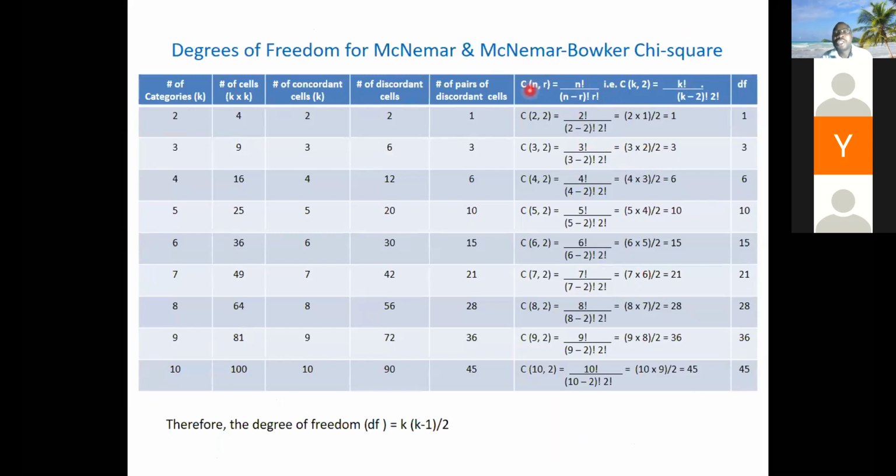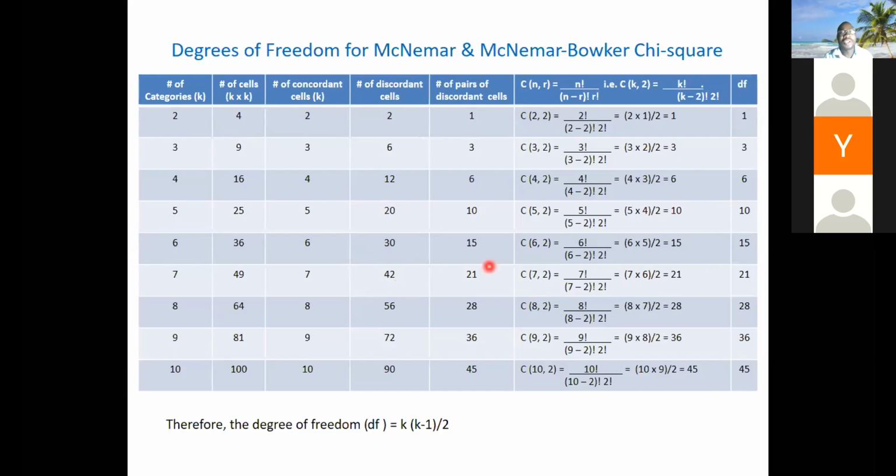The combination, n combination r, means that with n number of items, how many ways can you arrange them, combining in r ways. Here now we are talking of pairs. Pair is r, 2 is constant. That is, if you have maybe 10 things now, how many ways can you arrange them in pairs?